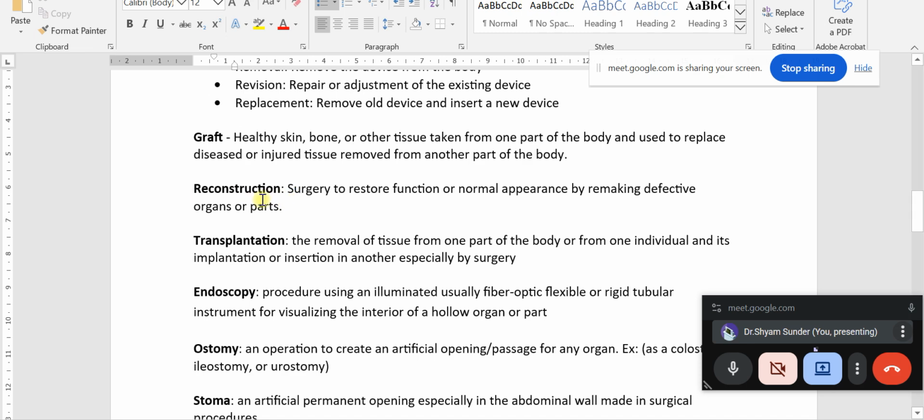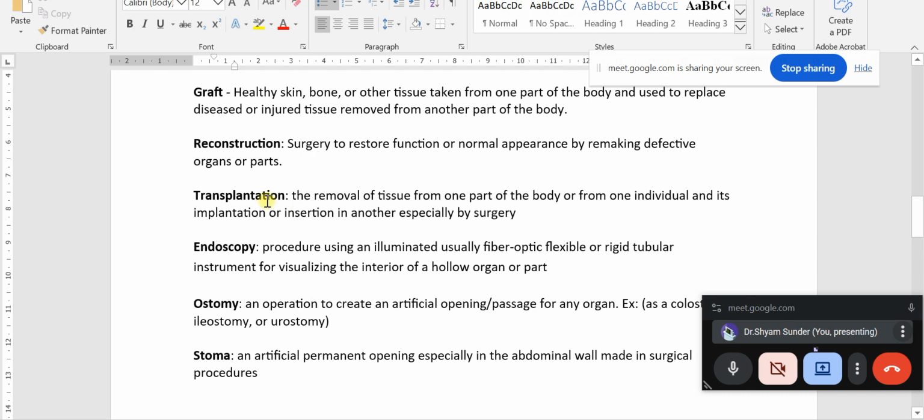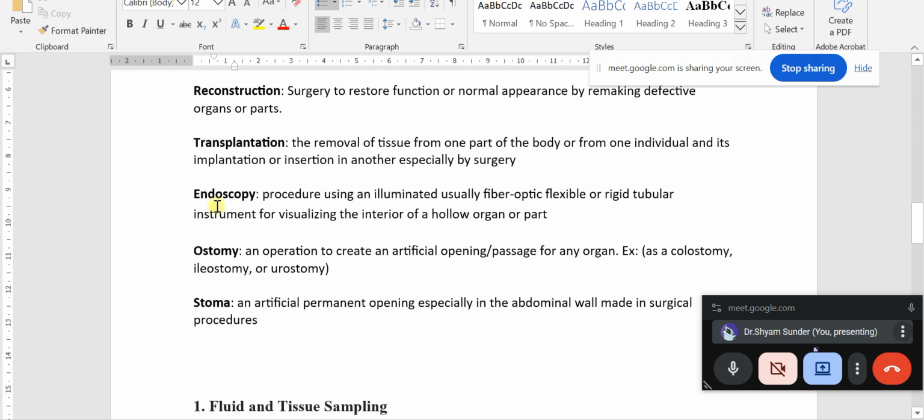Now you're going to reconstruct it. Plastic surgery. Transplantation, kidney transplantation, liver, then endoscopies. I'm sure you're aware of these endoscopy procedures: upper GI endoscopy, colonoscopy, cystoscopy, nasal endoscopy, bronchoscopy.